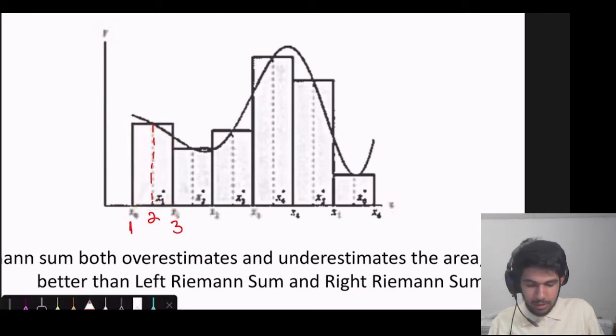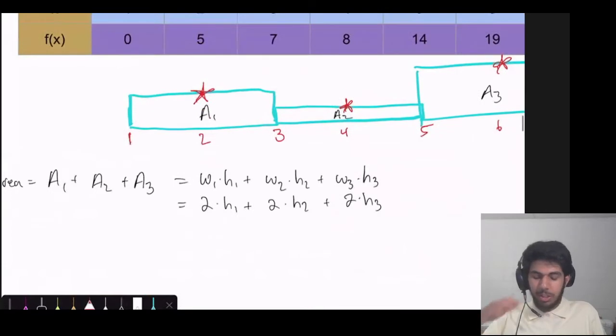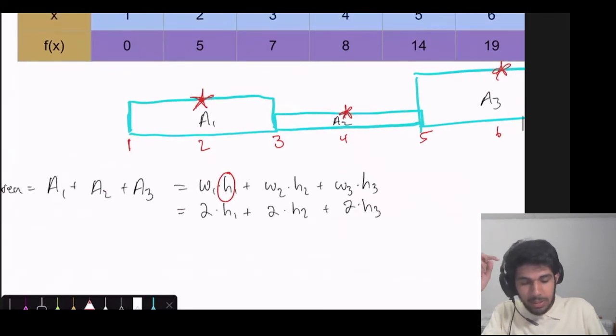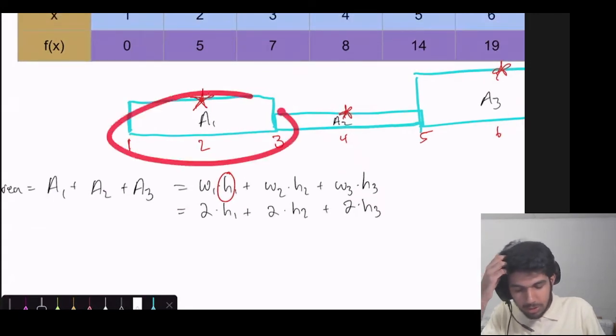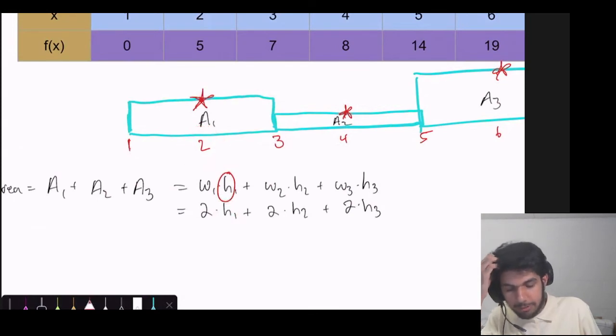And even here, let's call this 7, 9, so 8. f of 8 is up here, and sure enough, that tells us the height of that rectangle. So to determine the height, we have to look at f of the midpoint of that rectangle. The midpoint of this rectangle occurs at 2, so h1 will be equal to f of 2.